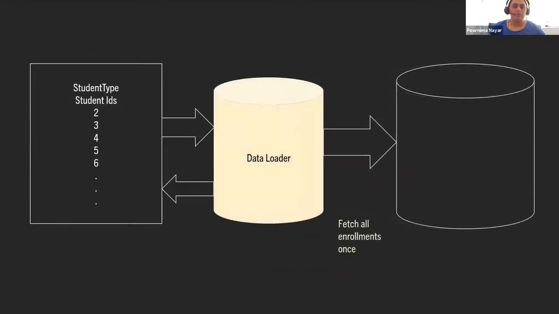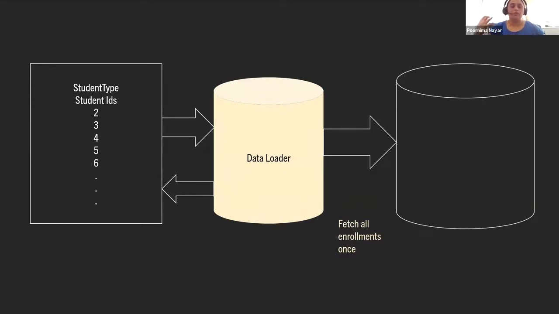To overcome this, GraphQL has a concept called DataLoader, which is a kind of in-memory cache. With DataLoader, when it forms a list of student IDs, the first time the enrollment detail for a student is asked for, it checks whether there's a DataLoader object in memory.